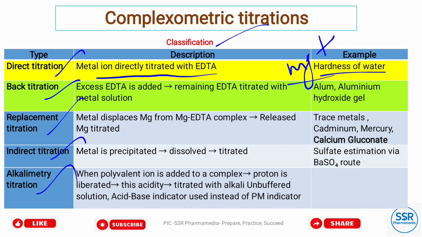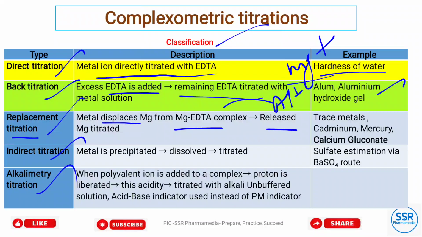In back titration, excess EDTA is added, and the remaining EDTA is titrated with a metal solution. For example, aluminum hydroxide gel, where aluminum is the metal atom, is determined using back titration.